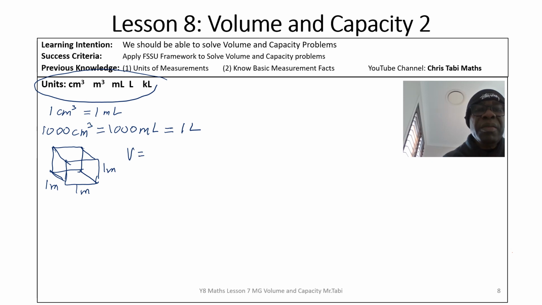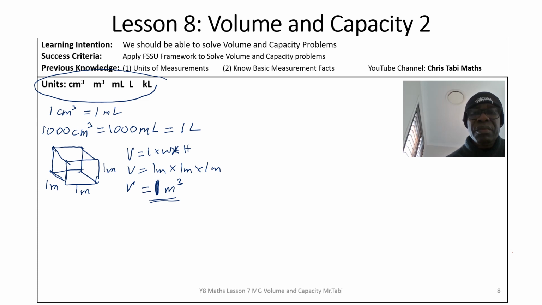Then we know that volume is simply L times W times H. So that will be 1 meter times 1 meter times 1 meter. That volume will be equal to 1, because it doesn't matter how many times 1 multiplies itself, it's still 1. So 1 cubic meter.